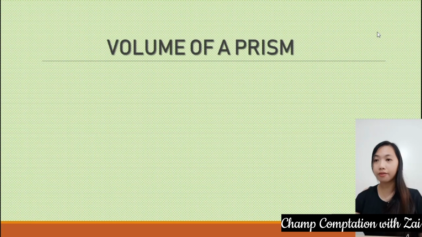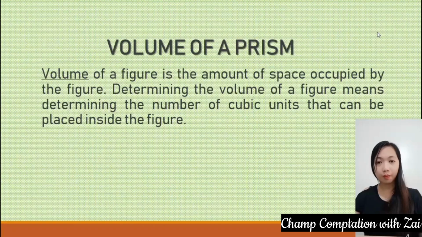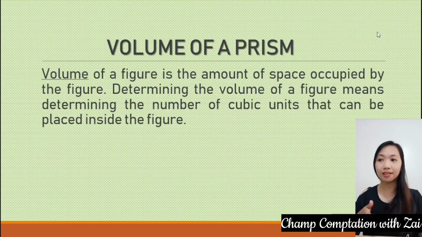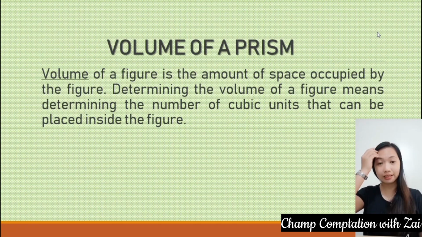So next, we have the volume of a prism. The volume is the amount of space occupied by the figure. So determining the volume of a figure means determining the number of cubic units that can be placed inside the figure.